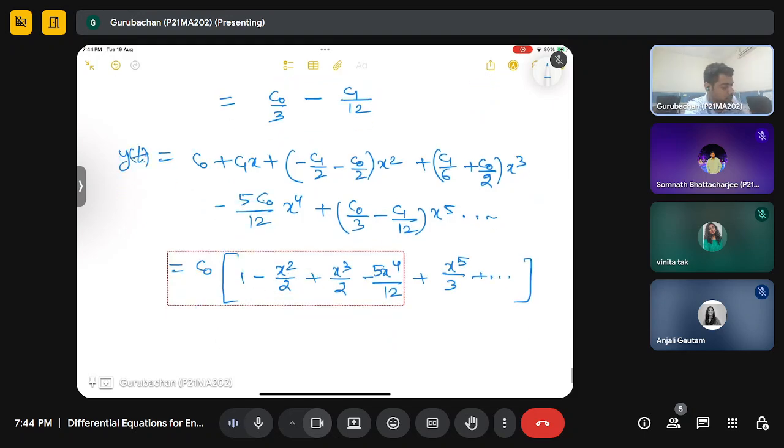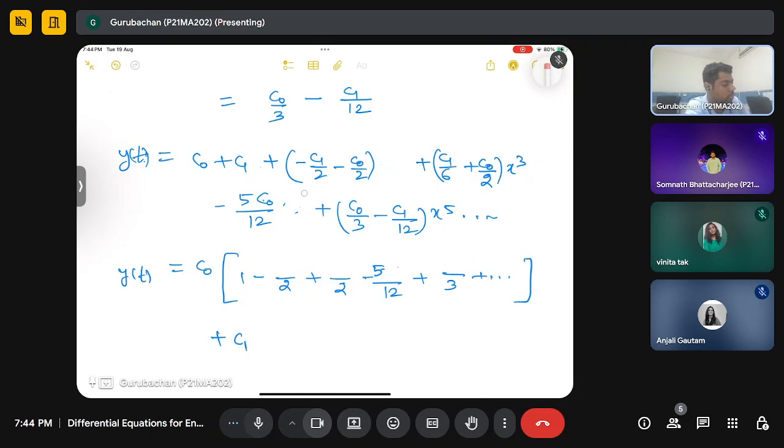While the other solution or other part of the series will be, so it is in terms of t. So let me just write it in terms of t here. Then we will replace the t with x minus 1 that we have taken earlier.